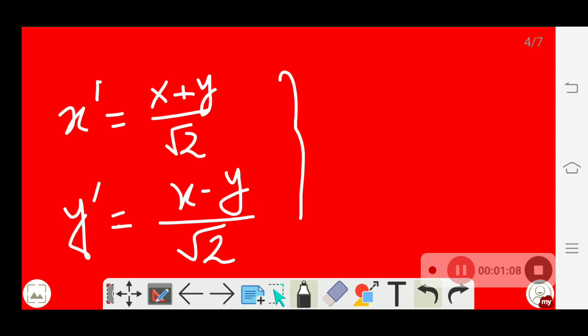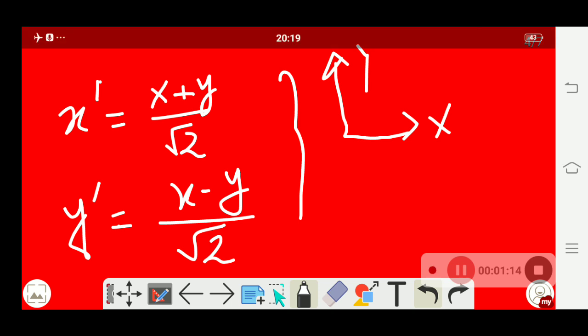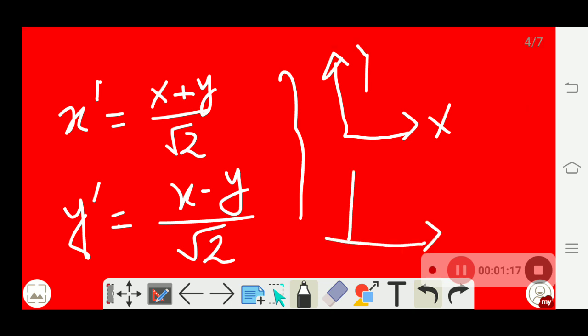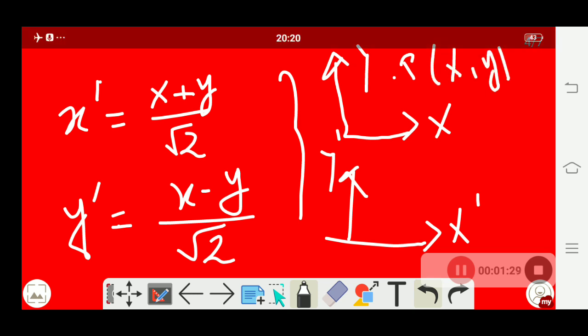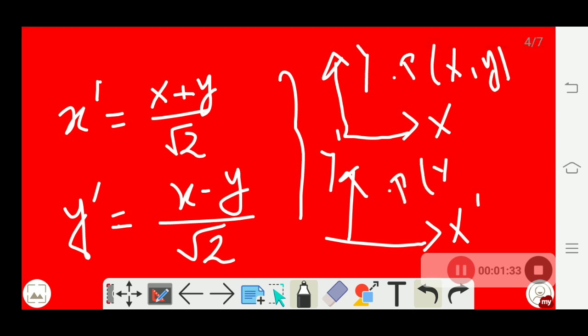You know what is coordinate transformation? Suppose this is x, this is y. Let us consider another coordinate system, which is y prime and x prime. Suppose we denote this point P here as x comma y, and if we put this P over here, we denote this as x prime and y prime.